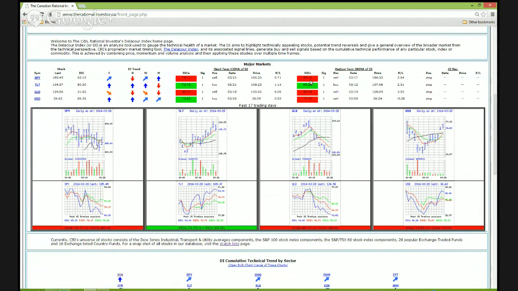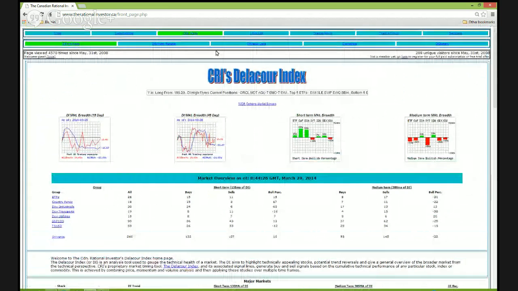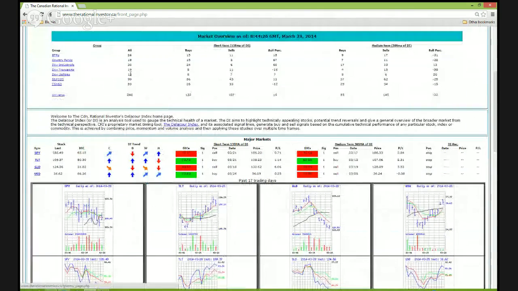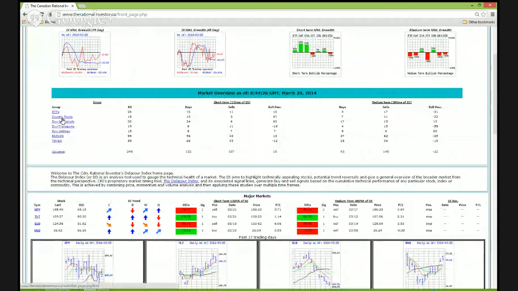As you can see from the chart, this is the front page of this algorithm's site on my website. We cover over 240 as of last count in the entire universe. These include exchange-traded funds, country funds, the Dow Industrials, Transports, Utilities, the S&P 100, TSX 60.